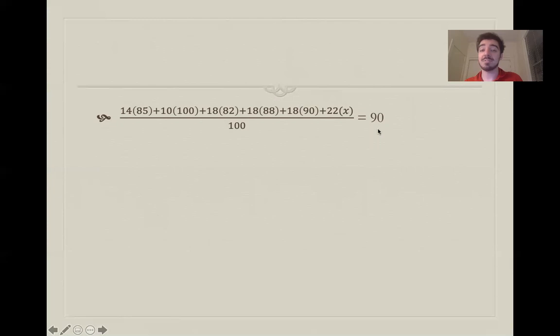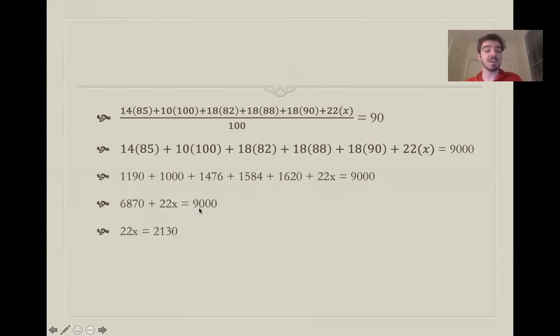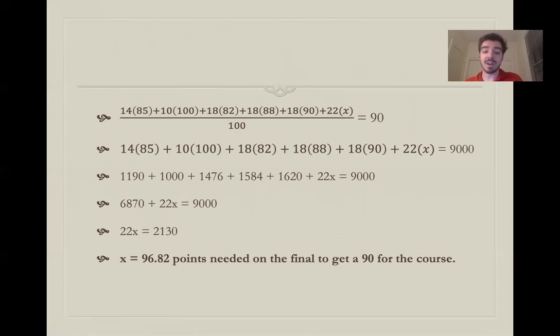And all it is now is just solving this equation. Right? Let's multiply both sides by 100. Right? And then combine all of these numbers here, or simplify them and then combine them. Right? Move this to the other side, divide by 22, and we see that you need 96.82 points on the final to get a 90 for the course.